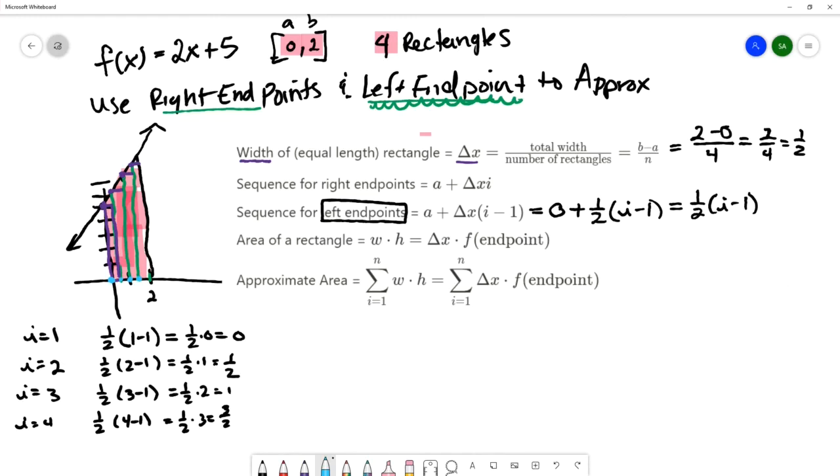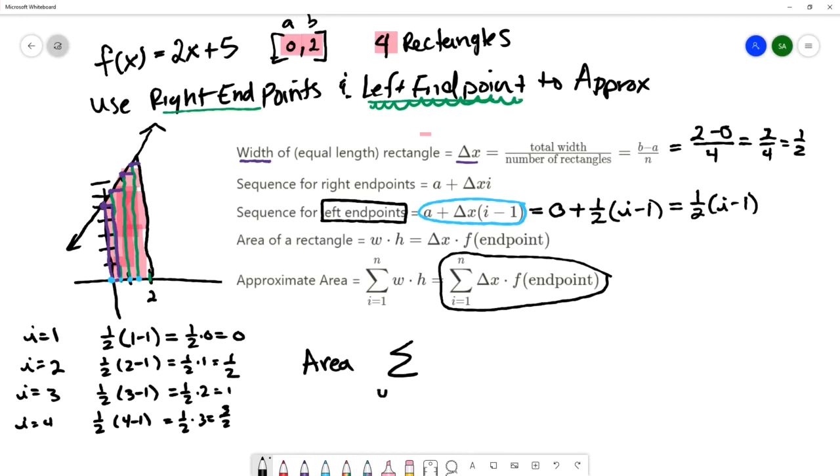So that is the formula that gives me the sequence of left endpoints, as long as we're doing equal width intervals. So then we want to find the area. We have this formula for finding the approximate area, and we're going to use the left endpoints.